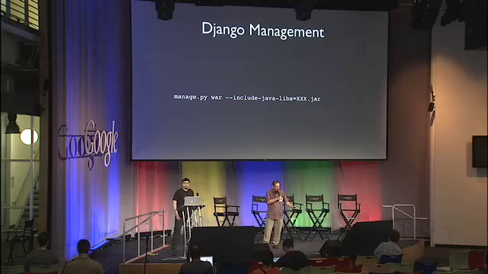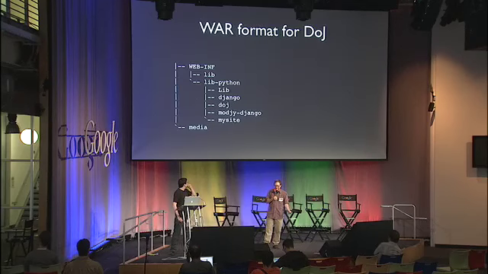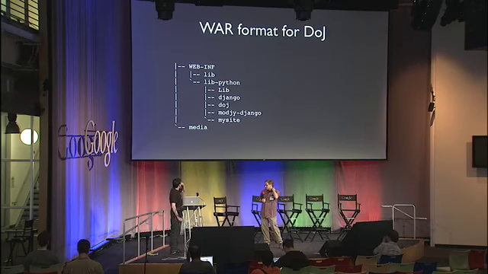You don't have to have Django or Jython. Sorry, I just wanted to show one thing here. This is what you have to do in order to generate your WAR file. Pretty nice. So basically, we put everything that is Django inside the lib-python directory.